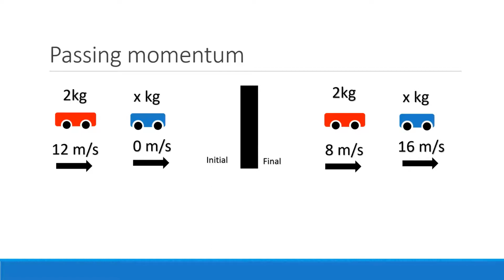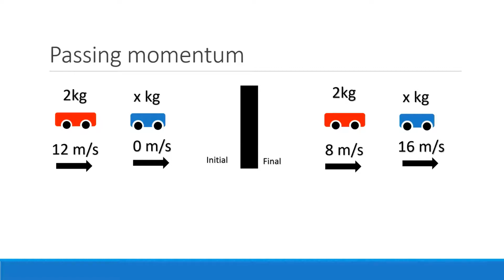We just know that the blue car goes flying off. After the collision, the mass of the yellow car is still the same, obviously, but now it's moving at a slower speed, 8 meters per second, whereas that small blue car is flying off at 16 meters per second, really quick.